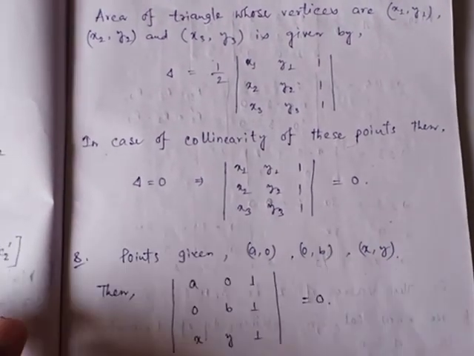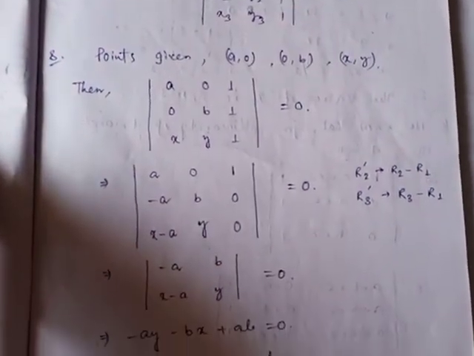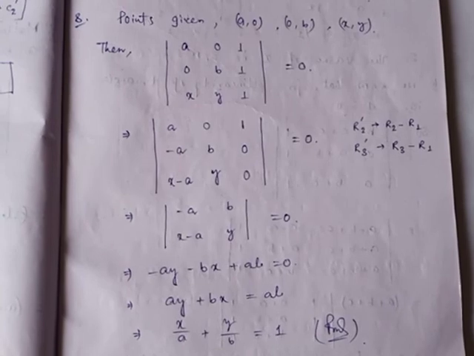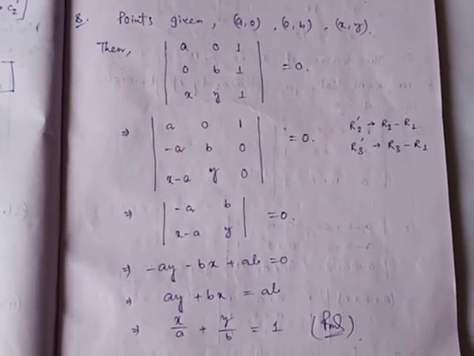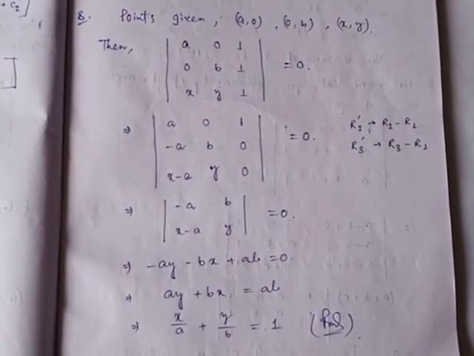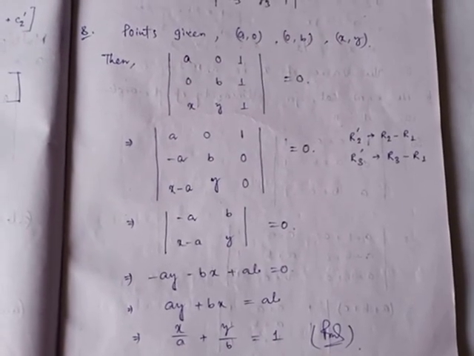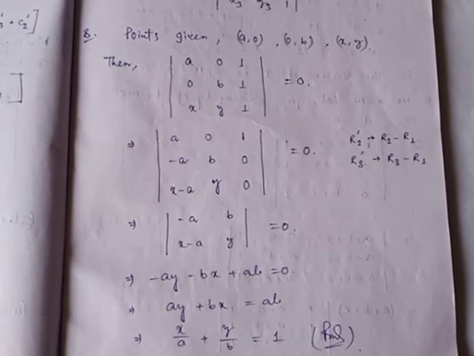In number 8, the points given are (a,0), (0,b), (x,y), and you have to prove x by a plus y by b equals 1. Now put the values there: a, 0, 1, 0, b, 1, x, y, 1.